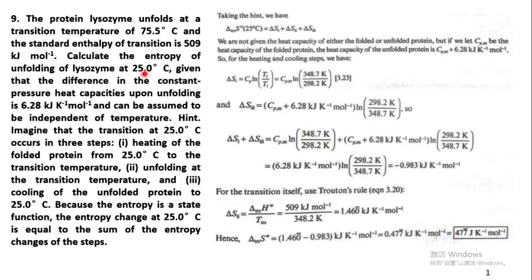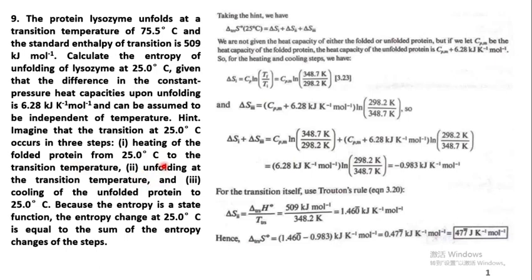We have to calculate the entropy of the unfolding of this enzyme at this temperature. So from the hints in the question, we have to divide this process into three different processes. The first is a constant pressure process, just increasing the temperature of this enzyme.